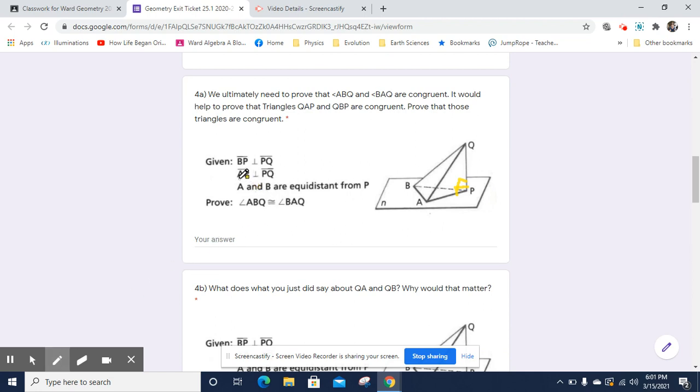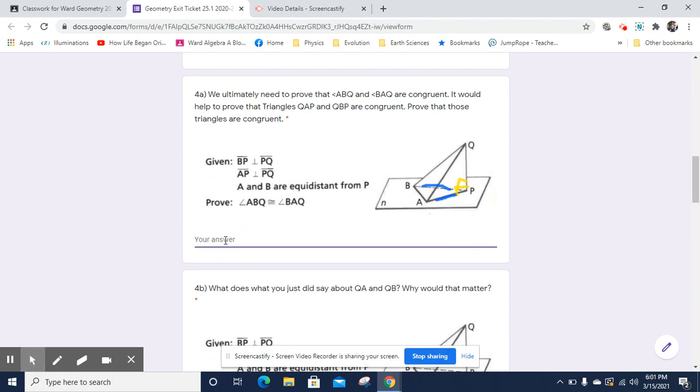BP is perpendicular to PQ and AP is perpendicular to PQ. So that's my first two givens. Then A and B are equidistant from P. What that means is AP and BP are congruent. So we can say all of that stuff.